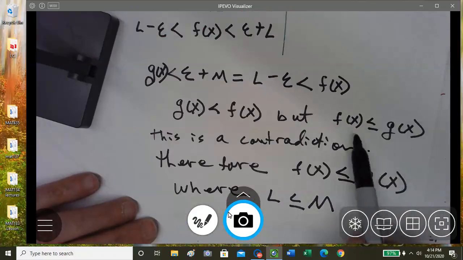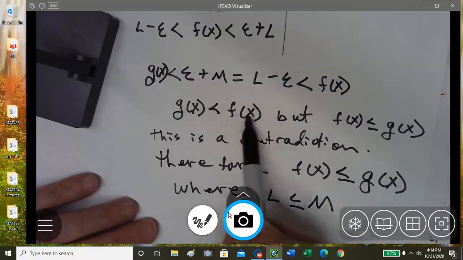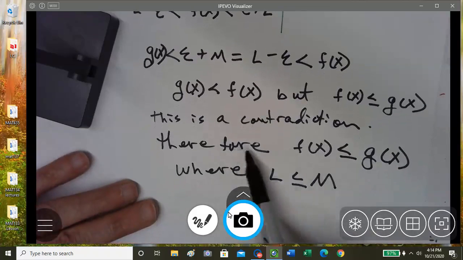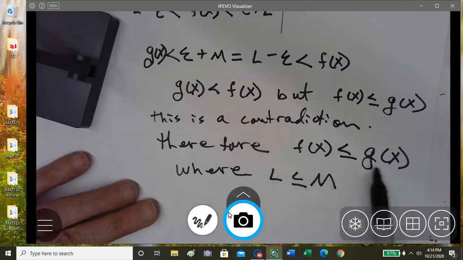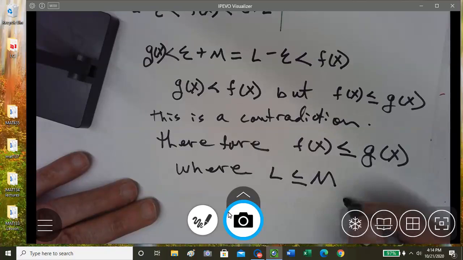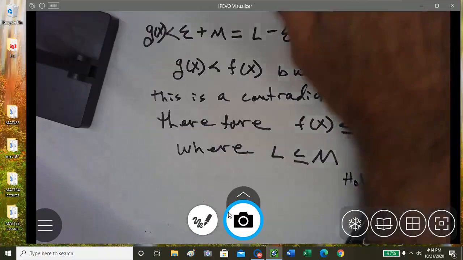So g of x can't be less than f of x because f of x is less than or equal to g of x. So this is a direct contradiction. Therefore, f of x is less than or equal to g of x, where L is less than or equal to m. And that holds. And that is the end of our video.